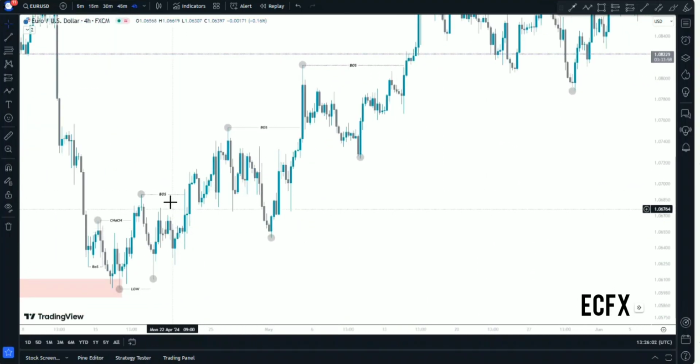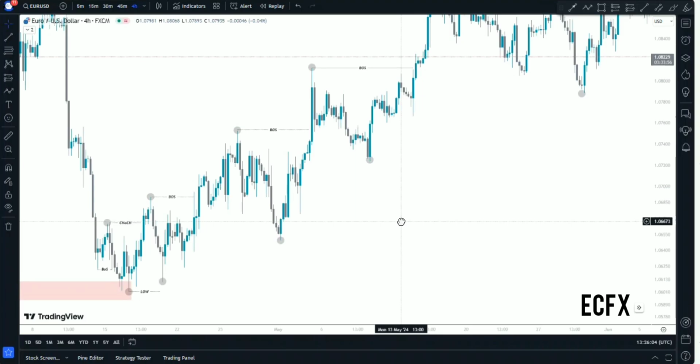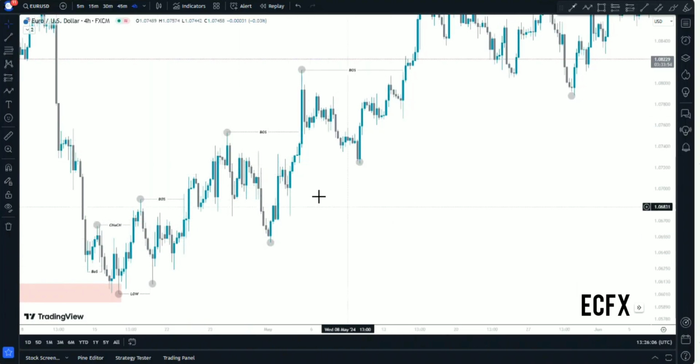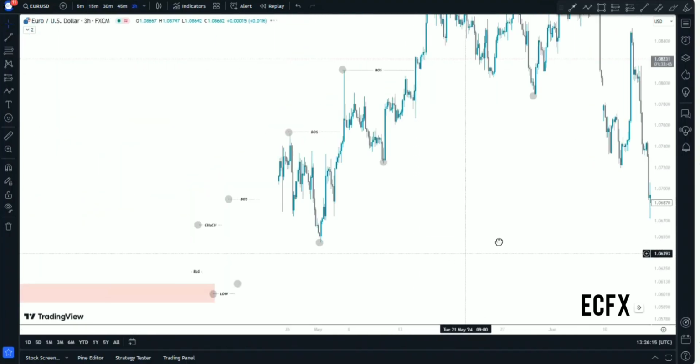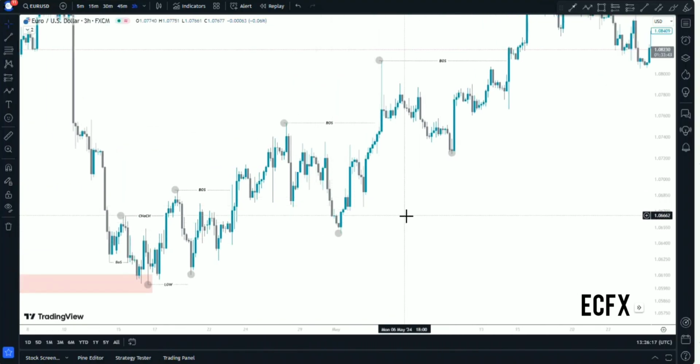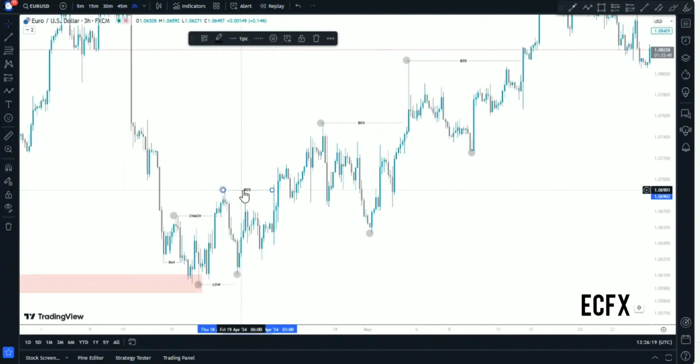Right, so it's imperative that you identify a trend on the higher time frame and then jump all the way down to, let's say from here, the 3-hour time frame.